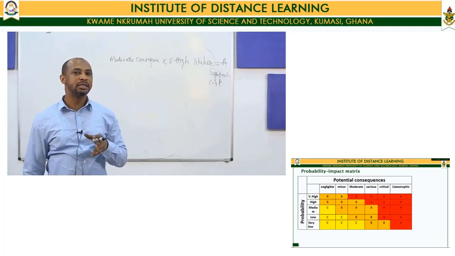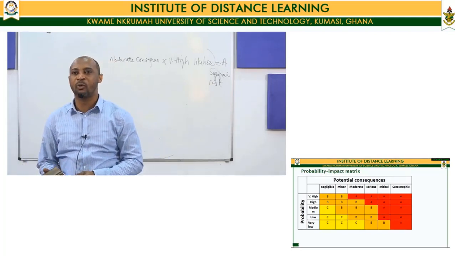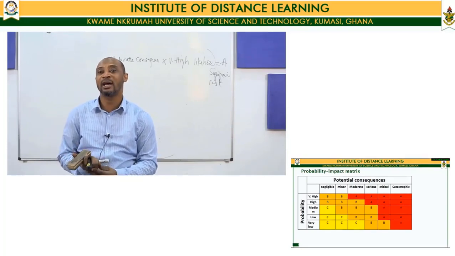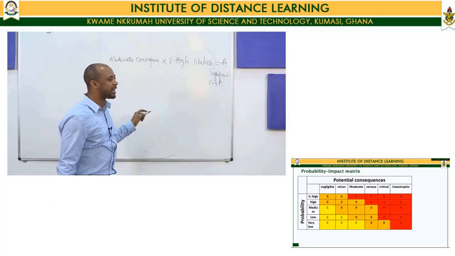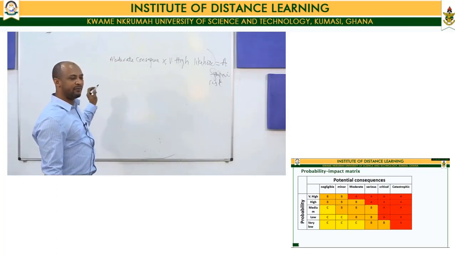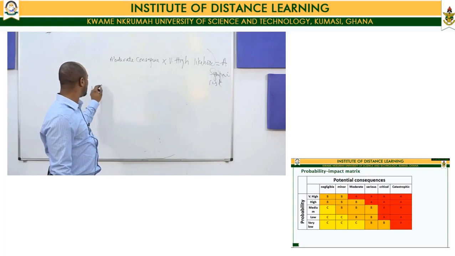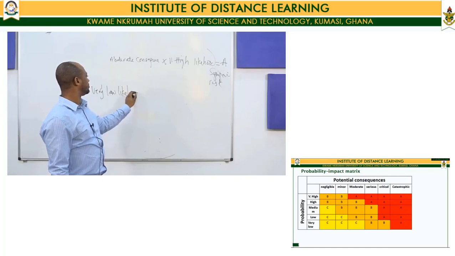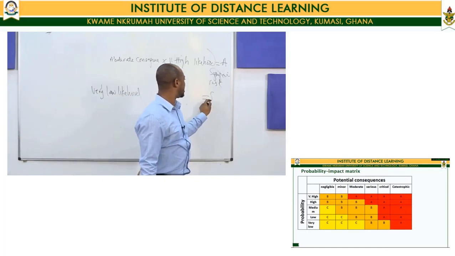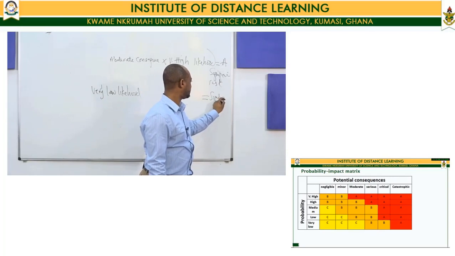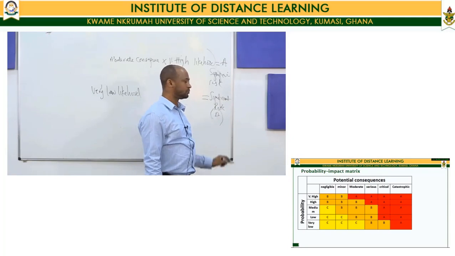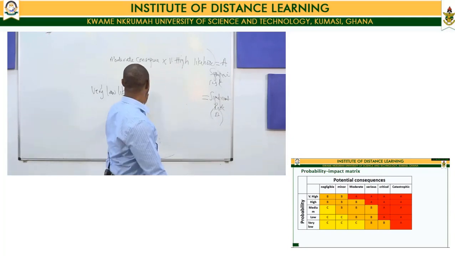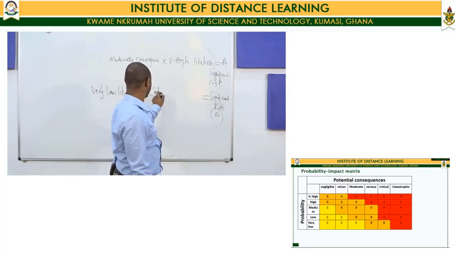I am doing this detailed analysis so that when you are finished acquiring the knowledge and you have to answer questions, you are able to do this analysis. You will see that for an event with very low likelihood to be equal to significant risk, which is A, then consequence must be catastrophic.